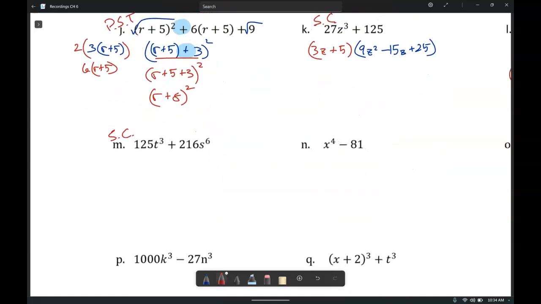Sum of cubes, cube root of the first, plus cube root of the second, first term squared, minus the product of the two, plus the second term squared.